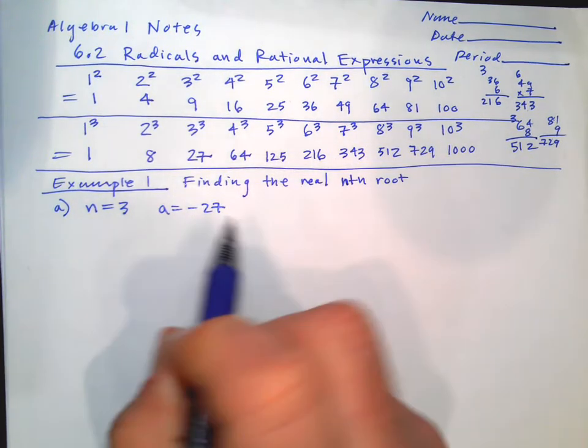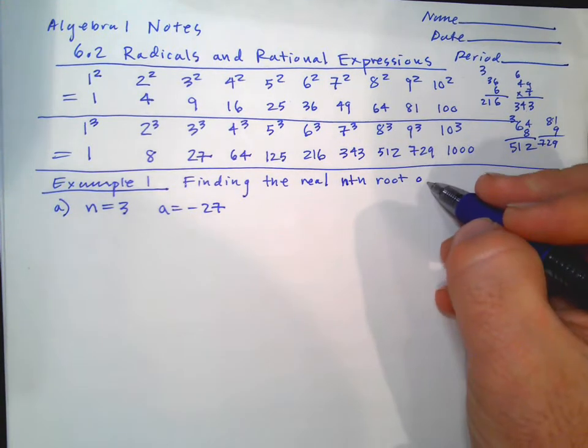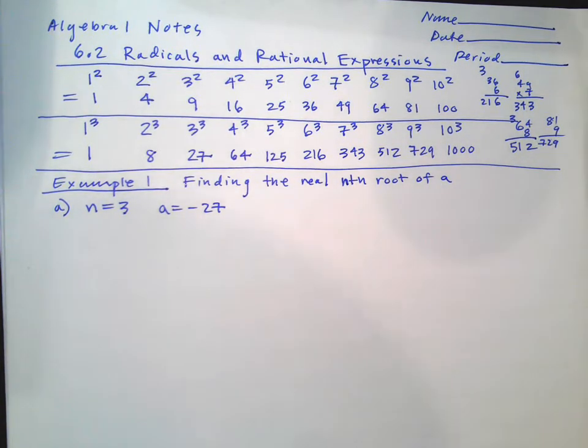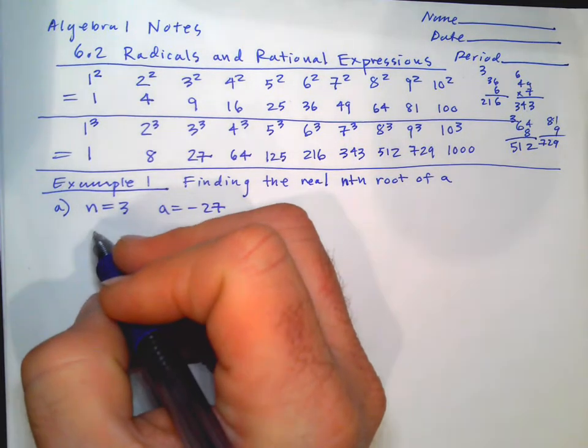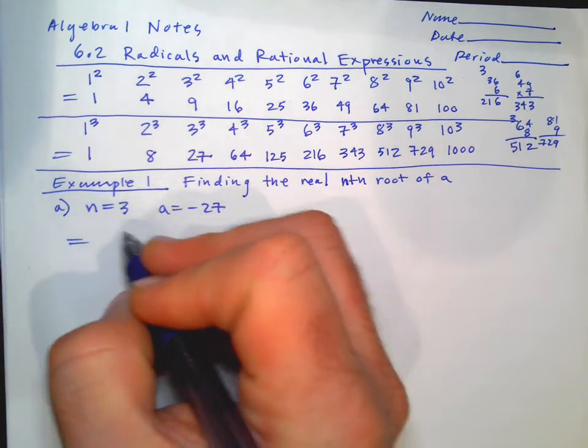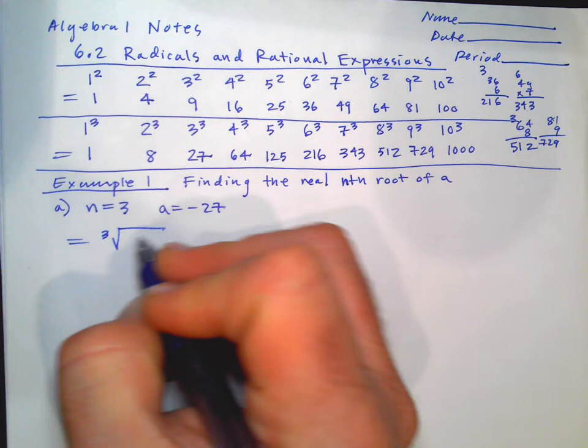So we're trying to find the nth root, the third root of a. So the way we can write that is we use something called a radical. So the nth root, the third root, we also call it the cube root, looks like this.